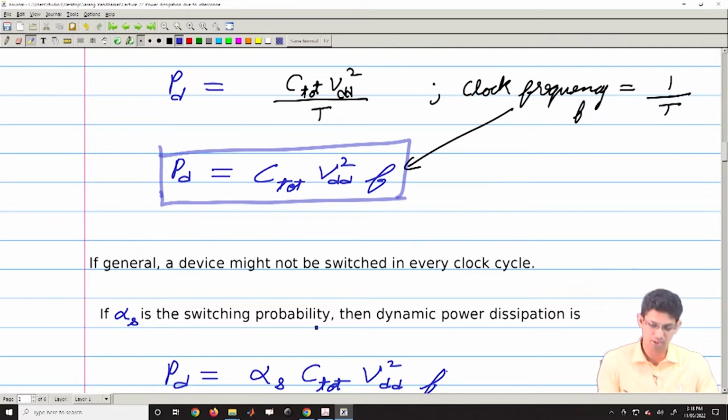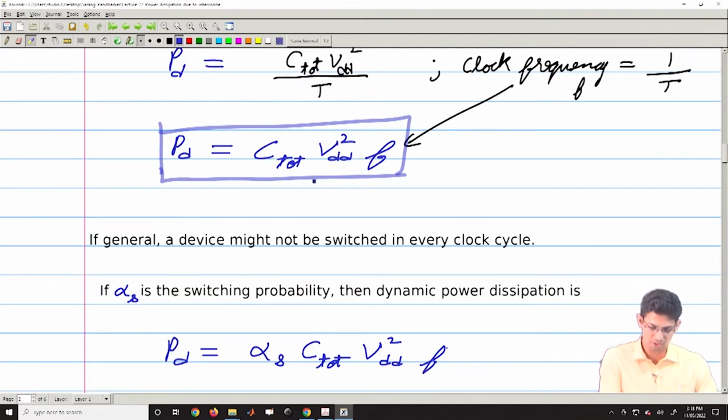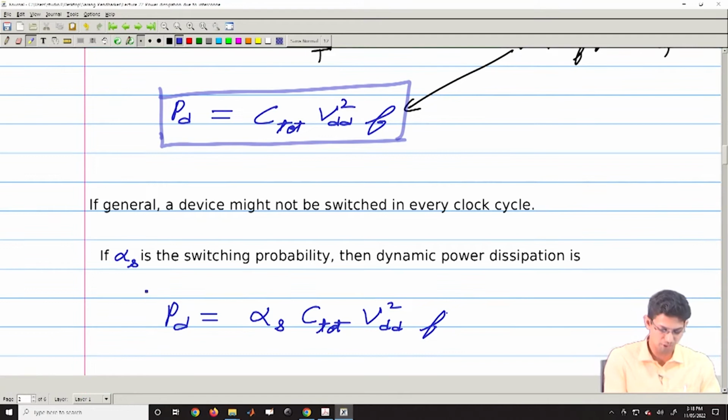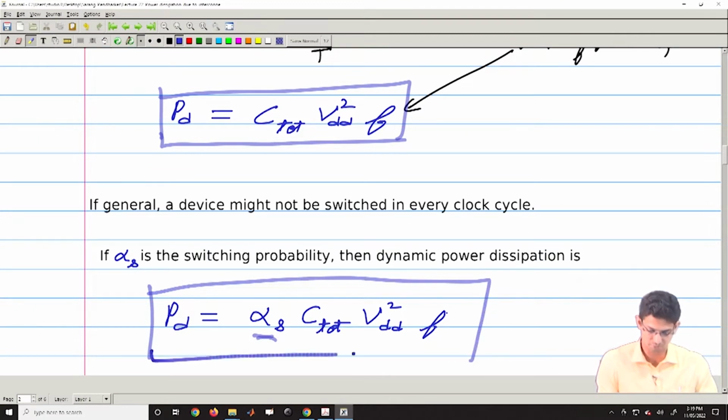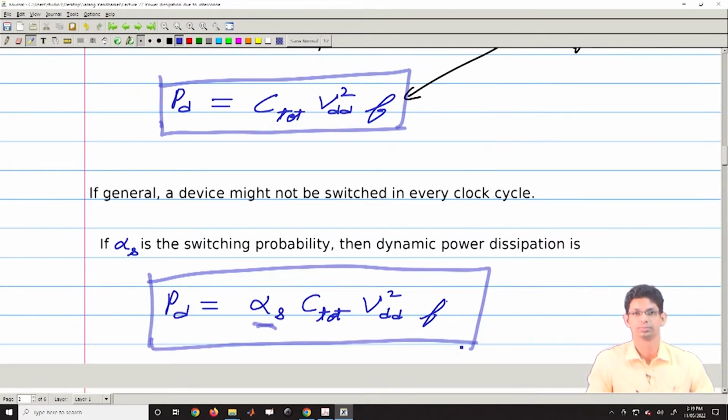If alpha s is the probability with which a device is going to turn on and off, then the net dynamic power dissipation would have a factor of alpha s in the expression. So, your P dissipation would be this.